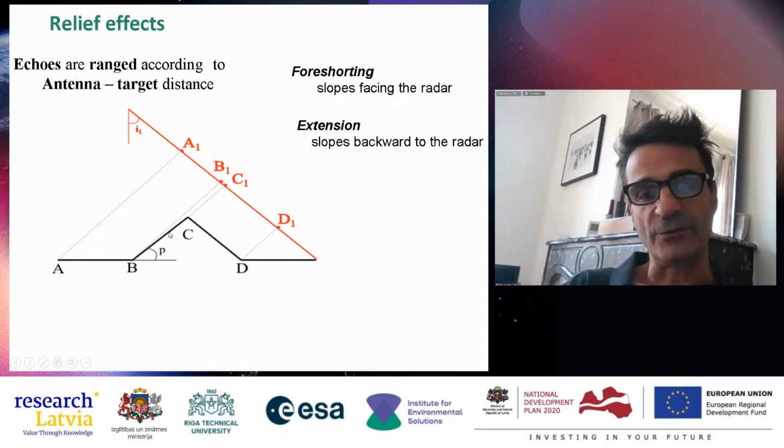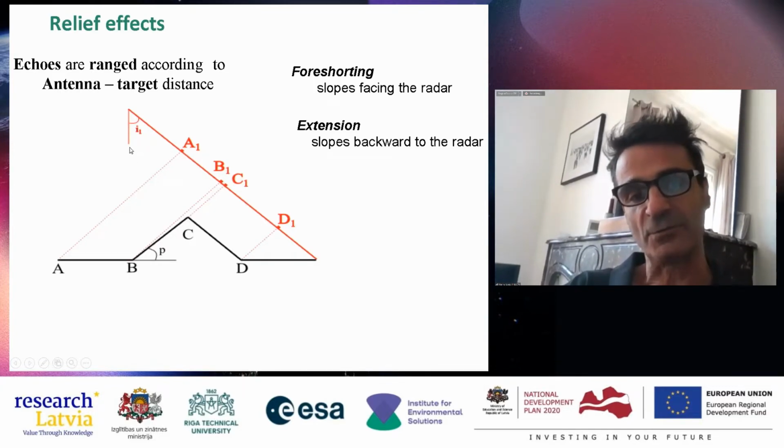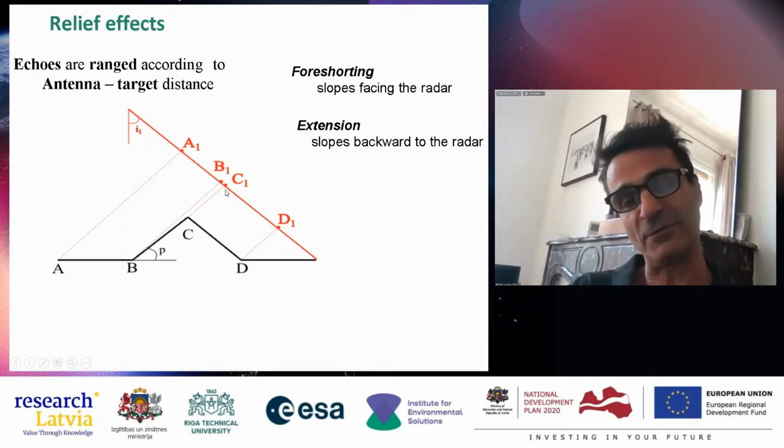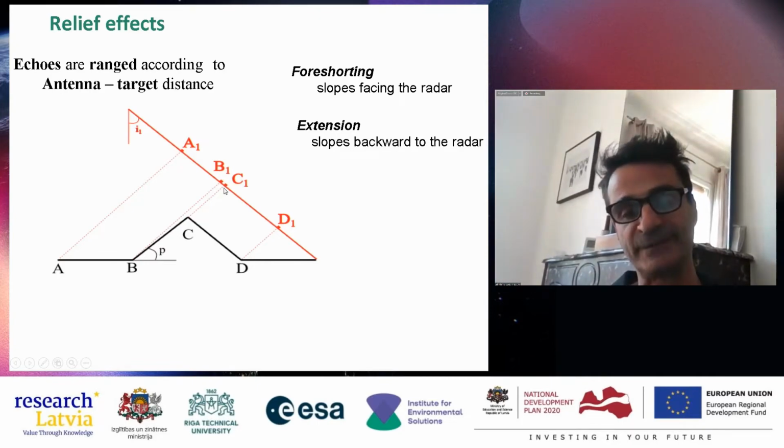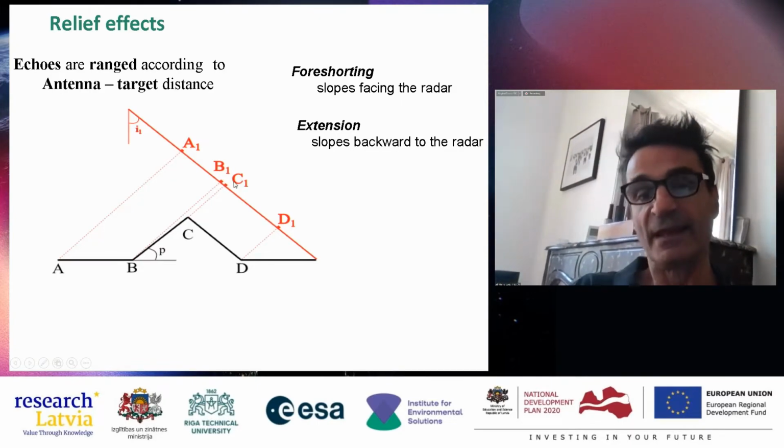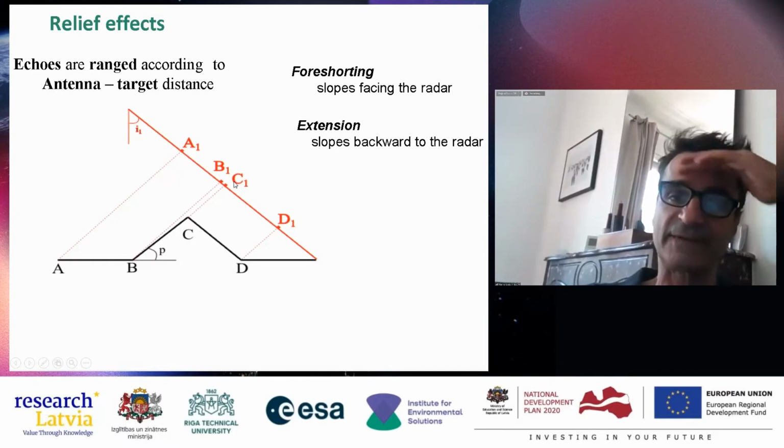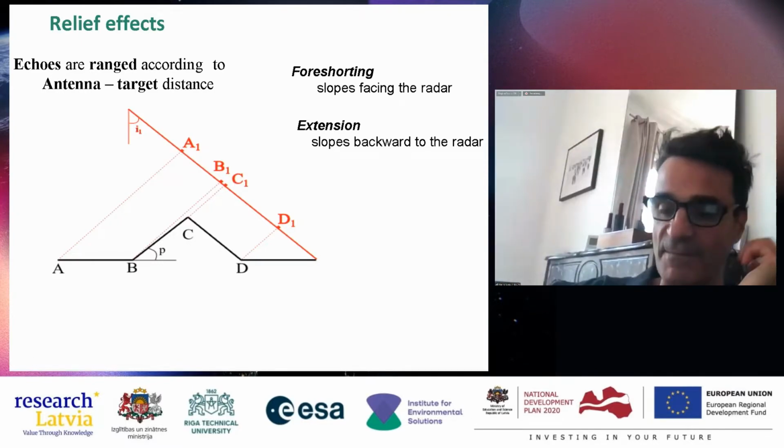So you see that the faces toward the radar are contracted, while the faces backward from the radar are shrinking. And so you have distortion.